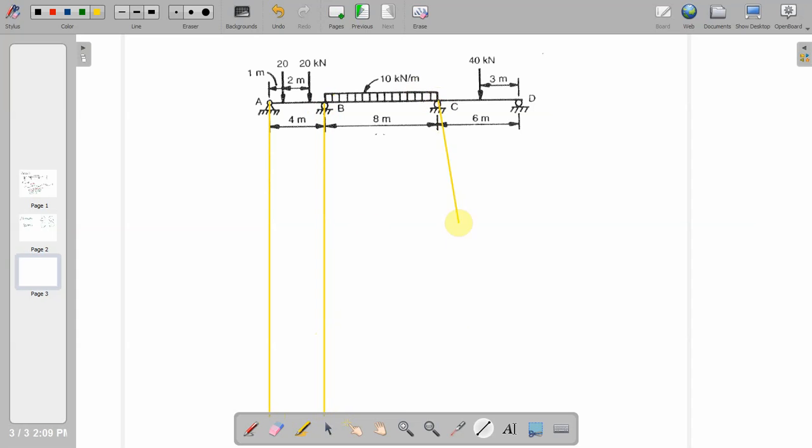Third support, draw a vertical line. Fourth support, draw a vertical line. Now draw one horizontal line here and make boxes for each support.